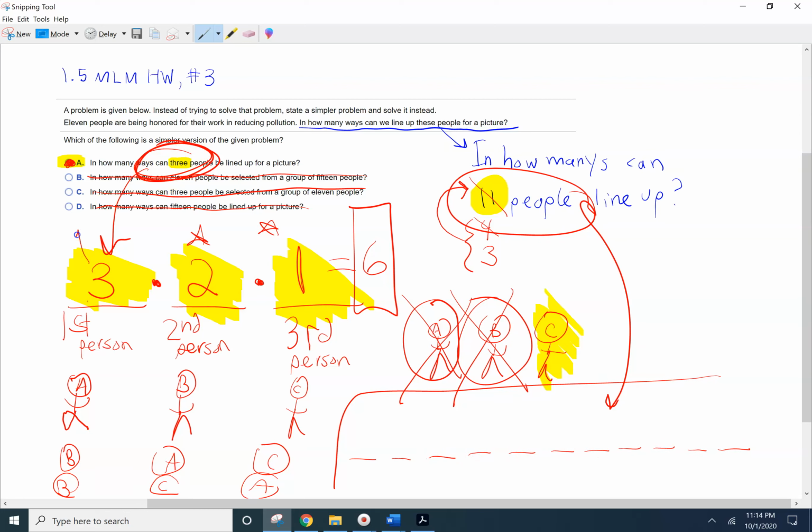If 3 people starts with a 3, 11 people is going to start with an 11. Then we'd decrease: 11, 10, 9, 8, 7, 6, 5, 4, 3, 2, 1, and multiply those all together, and we would get some big ridiculous number of ways to line up 11 people. But working that simpler problem helps you see the pattern to solving the harder problem.